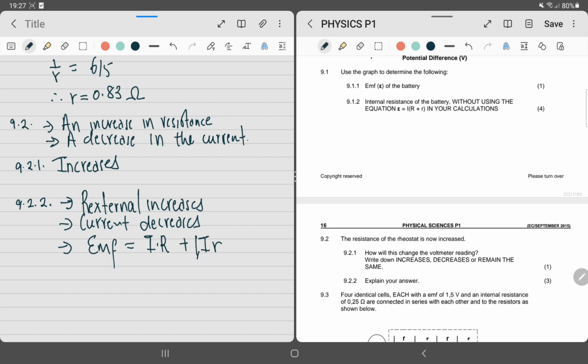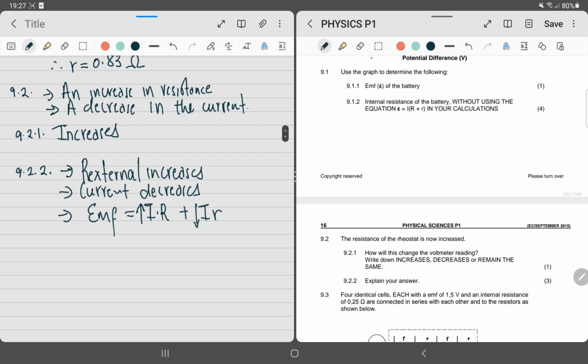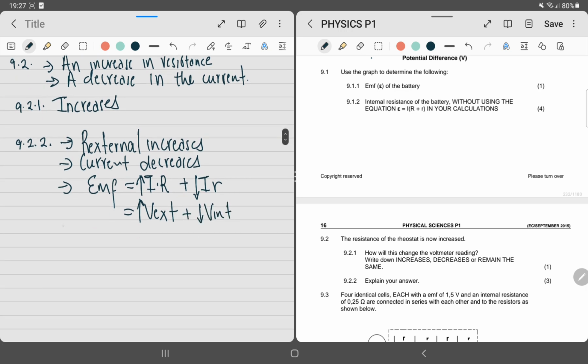So the current decreases. Since the value of the EMF doesn't change, V external should go up. Therefore, the external potential difference increases.